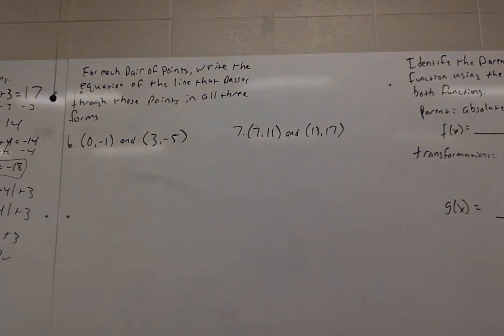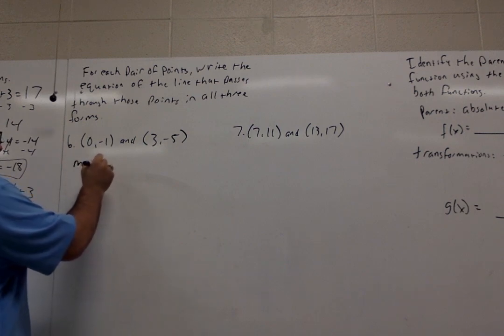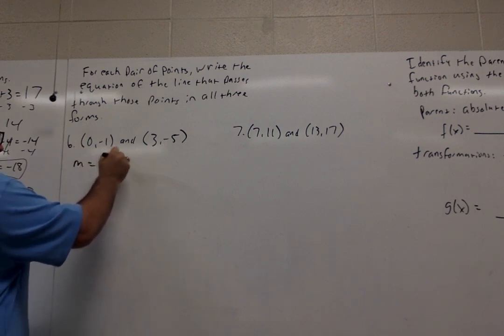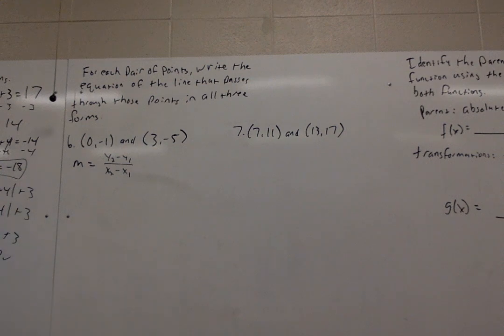The slope, right? Who remembers what the slope formula is? y2 minus y1 over x2 minus x1, okay? So we're going to use that for each of these problems to find the slope first, okay? Again, it doesn't matter which ordered pair are your 1s and which ordered pair are your 2s, okay?